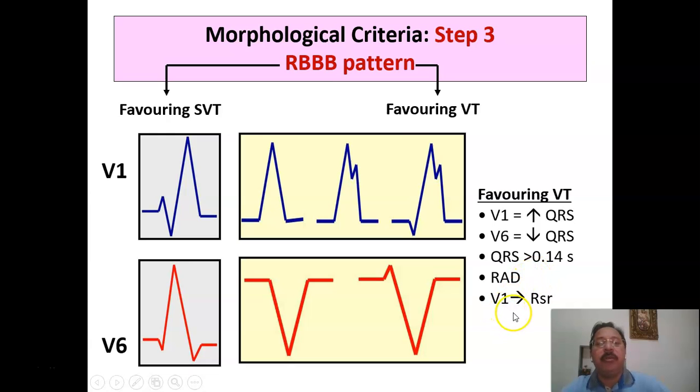Additionally, in V1, usually we get a small r, then s, and then the big R. Small r, small s, and big R. But if it's ventricular tachycardia, the initial R will be a tall R wave, small s, and then small r. Capital R or RS.